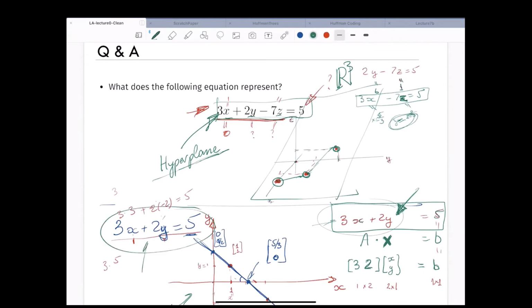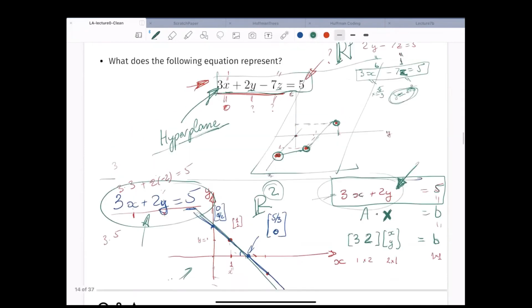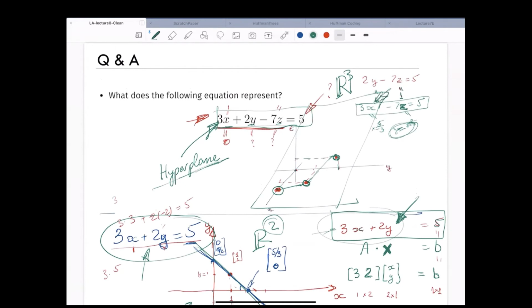Now, it's kind of unusual to call a line a plane, but it's a hyperplane because it's a line that lives in 2 dimensions. The dimension of a line is 1, 1 smaller than the space in which it lives. This is a 2-dimensional thing that lives in 3 dimensions, and that thing we'll call a hyperplane.